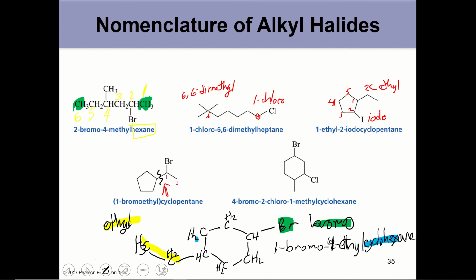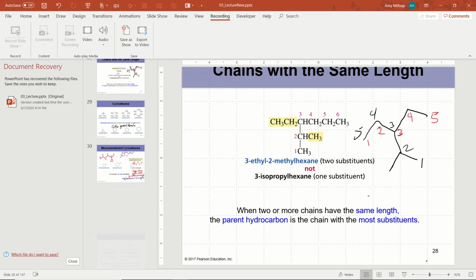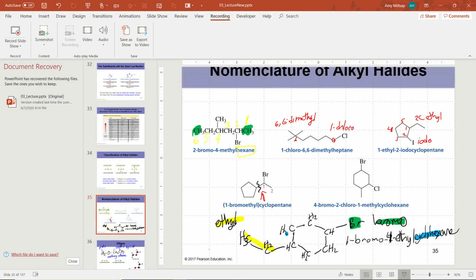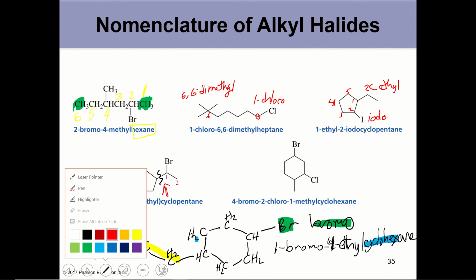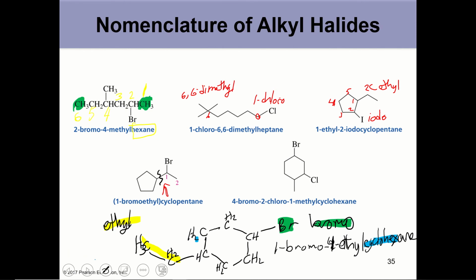So we have to put this in parentheses and say that the longest carbon chain in the branch is 2 carbons, which is ethyl, and that at carbon 1 of this branch, there is a bromo. So this would be (1-bromoethyl)cyclopentane.